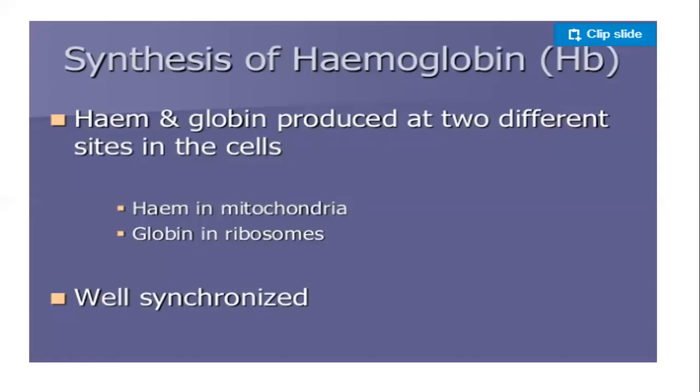Remember, hemoglobin is a combination of 2 things. There is a heme component and a globin component. The globin component is what we have just been talking about as a polypeptide chain or a globin chain. And the hemoglobin, as I did mention, is within the cell.